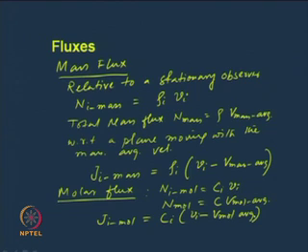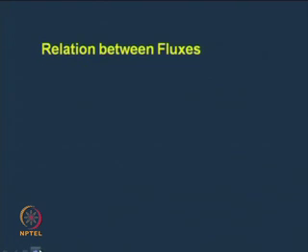The relations between the mass average and molar average velocities we can write from the above correlations. J I mass is equal to rho I times V I minus V mass average.